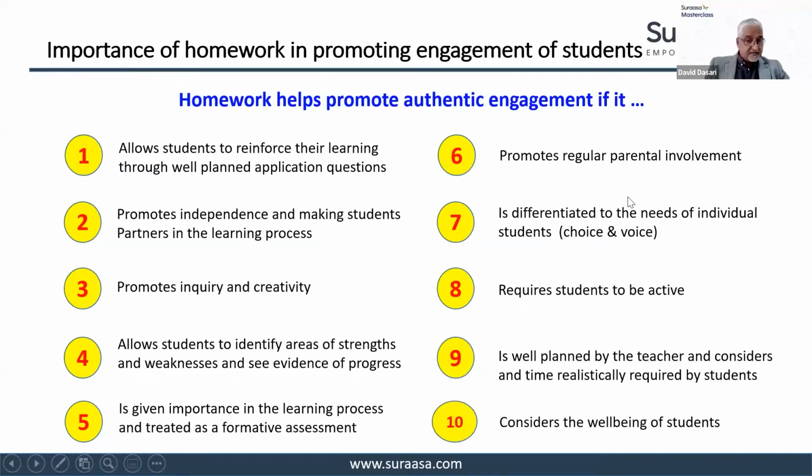And lastly, it considers the well-being of the students. You don't get them to sit down hours and hours doing homework without considering the fact that they need to be balanced. They need to have the time to rest, the time to stretch, the time to be active, all of those kinds of things.